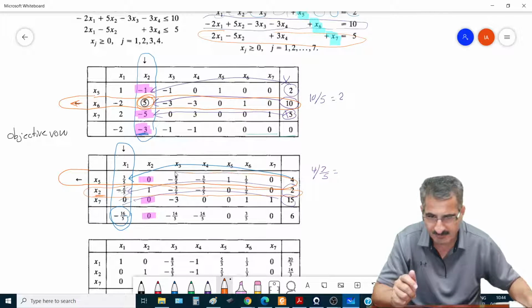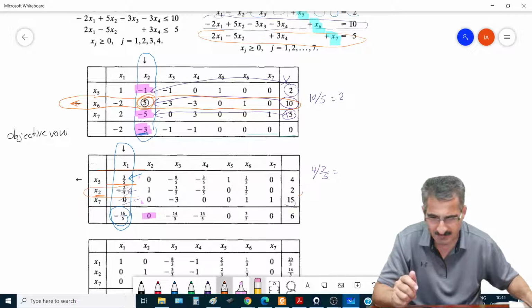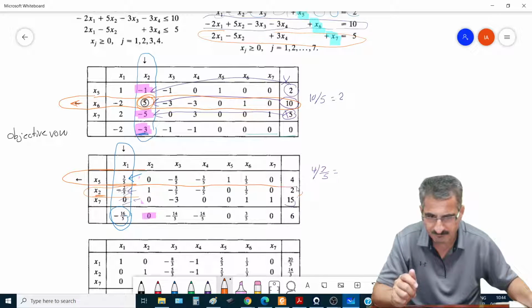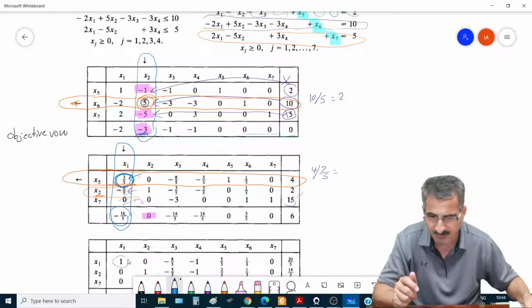variable. So let me clean all that. Again, this is the departing variable. Okay, good. Now this 3 over 5, we will circle it and make it 1. Here we go, it is 1 here.